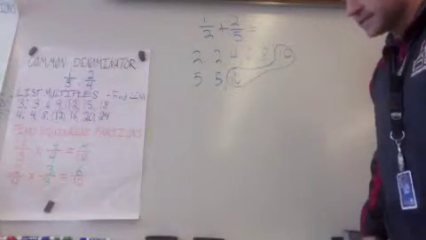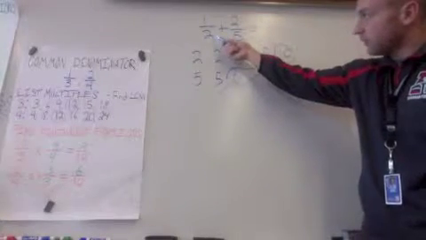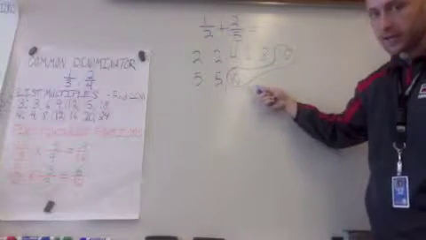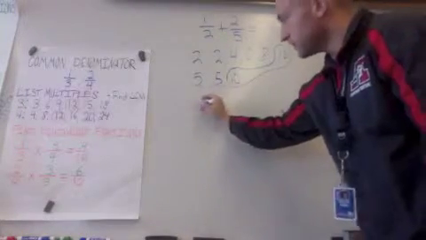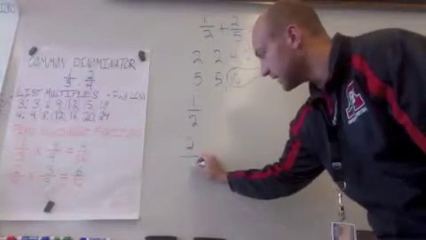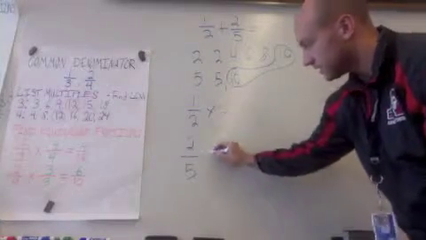So now our next step is we need to find equivalent fractions for our original fractions that have the same denominator as 10. So I'm going to start out with 1/2 and 2/5. I'm going to write them back down like this, and then I like to rewrite them like this. I put them into an equation.